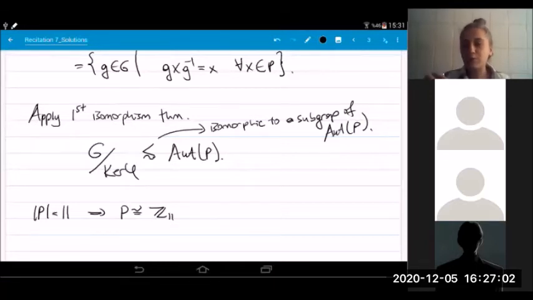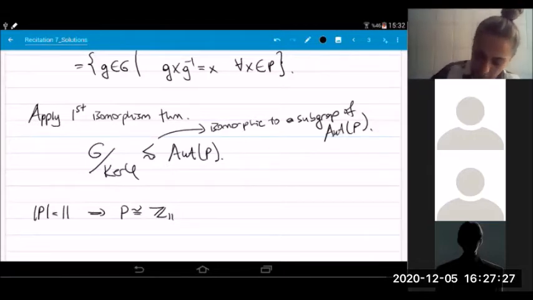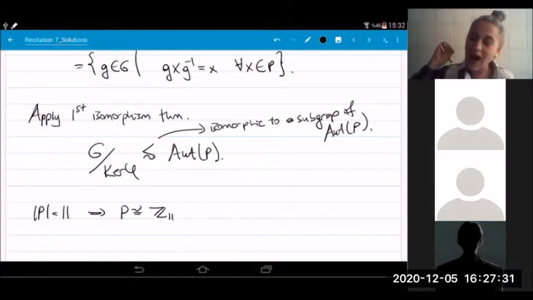The automorphism group, the automorphisms of Zn, is actually determined by the images of generators, right? So this means that the automorphism group of Z11 is isomorphic to Z11 star, which contains all elements that have multiplicative inverses, because elements that have multiplicative inverses are the generators of these groups.